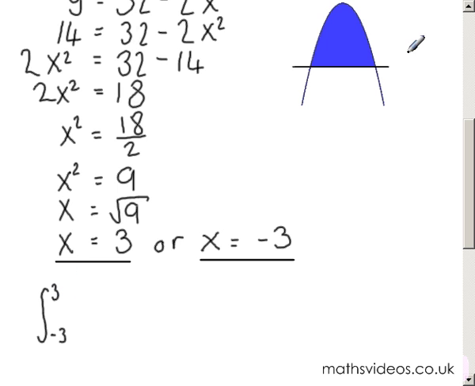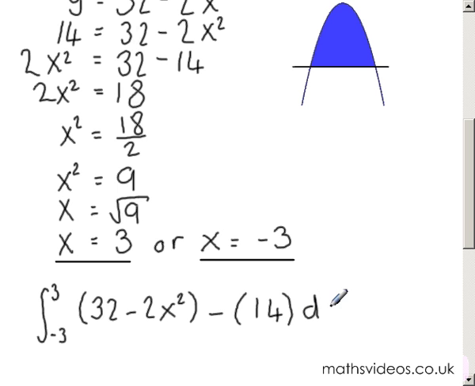Now it's the area between the curve and the line, so it's going to be the curve take away the line, since the curve represents the upper boundary. The curve had an equation 32 minus 2x squared. We're taking away the equation of the line, which was simply 14. And we're going to integrate that with respect to x.